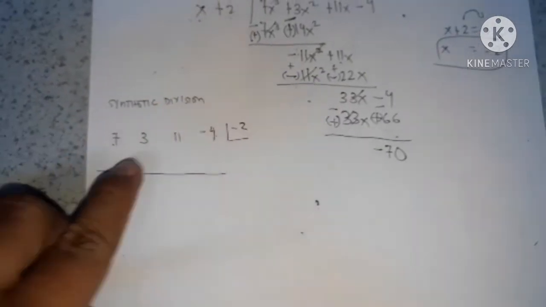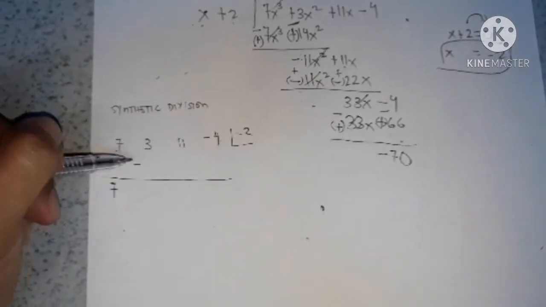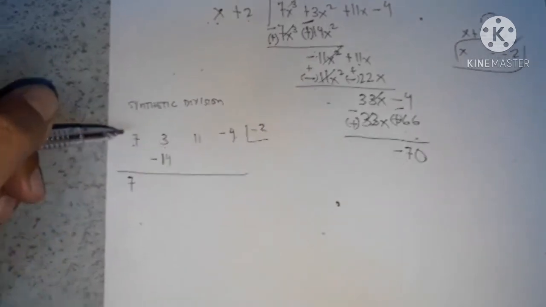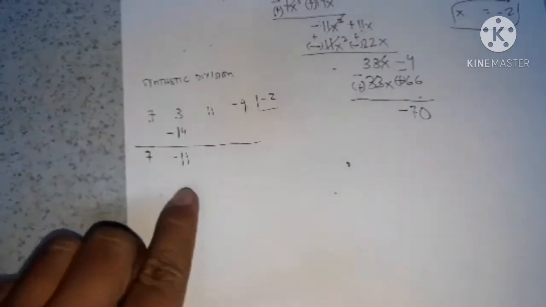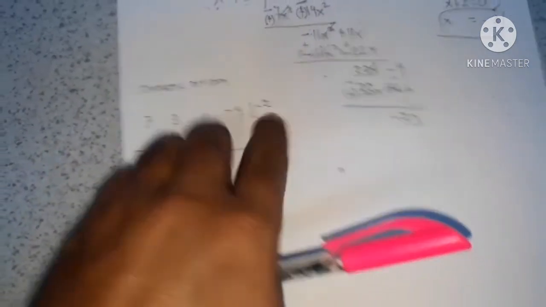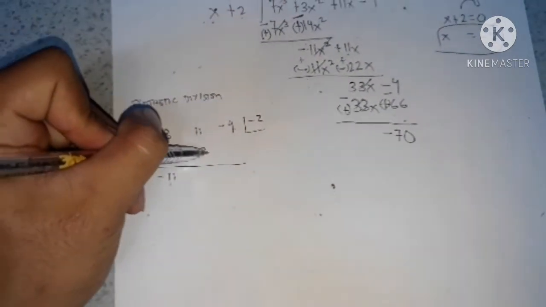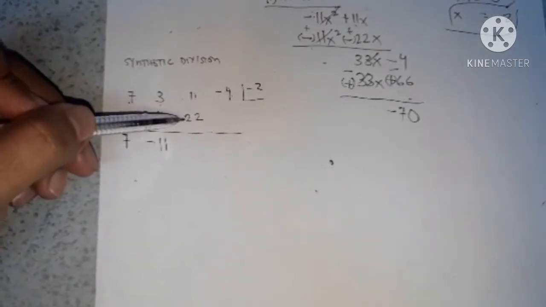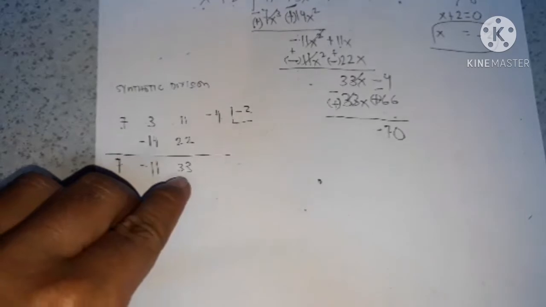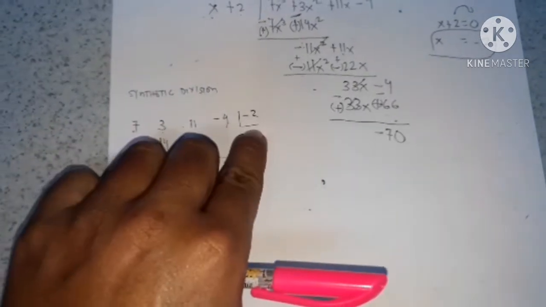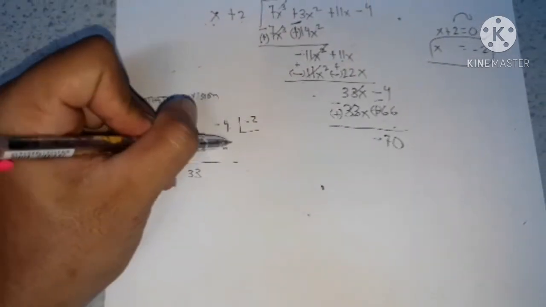So positive 7 times negative 2, that is negative 14. Positive 3 plus negative 14, that is negative 11. Negative 11 times negative 2, that is positive 22. Positive 11 plus positive 22, that is positive 33. Positive 33 times negative 2, that is negative 66.